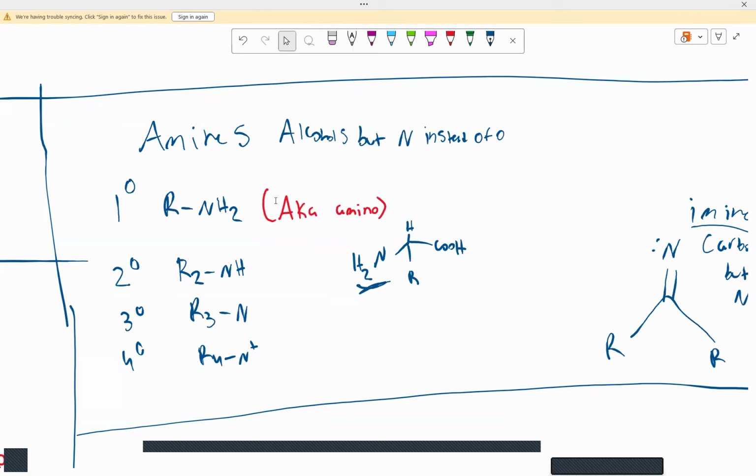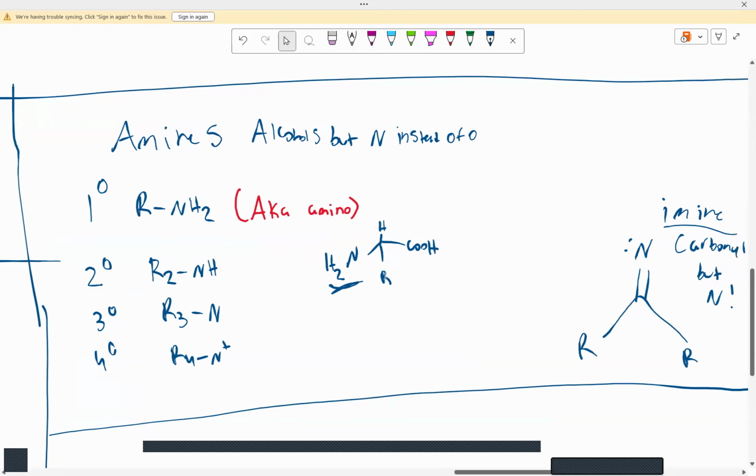So primary, there's one R group. Secondary, two R groups. Tertiary, three R groups. And quaternary, four R groups. So a primary amine is also known as an amino group, like in an amino acid, which I have here. So it's RNH2. And yeah, that's kind of all I want to talk about amines.